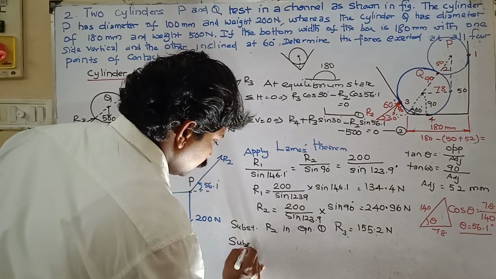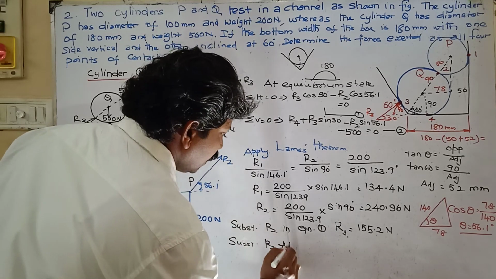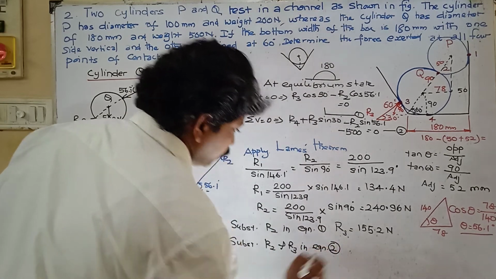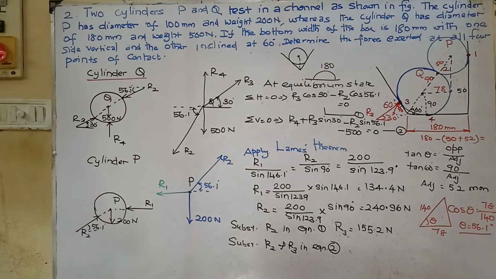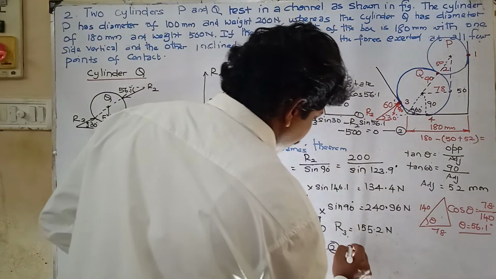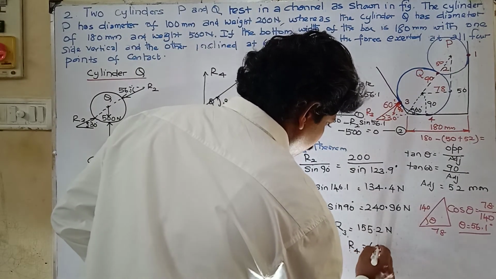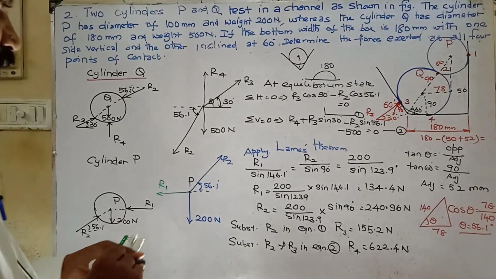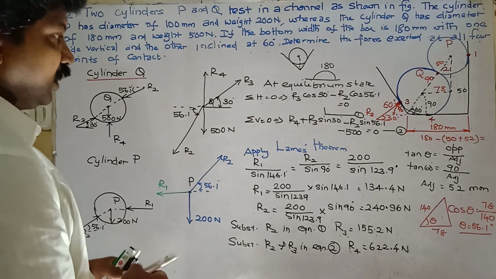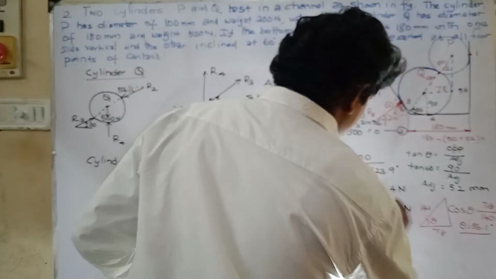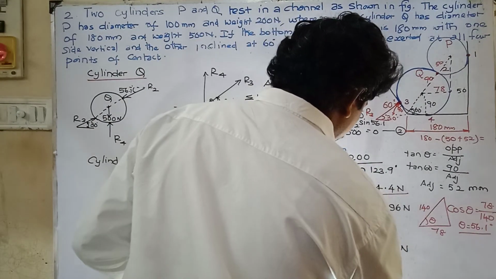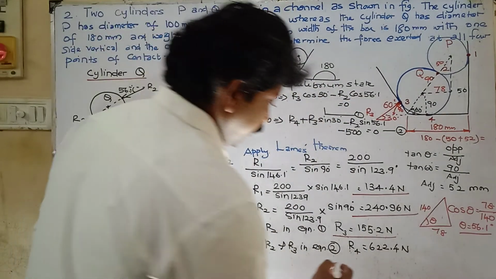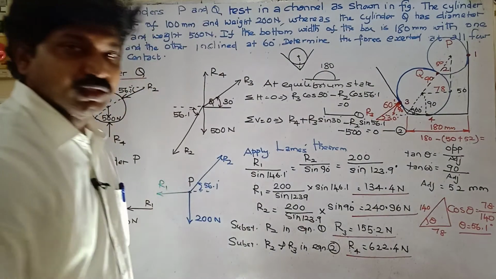R4 equals 622.4 Newton. So write the result separately. R1 equals 134.4 Newton, R2 equals 240.96 Newton, R3 equals 155.2 Newton, and R4 equals 622.4 Newton.